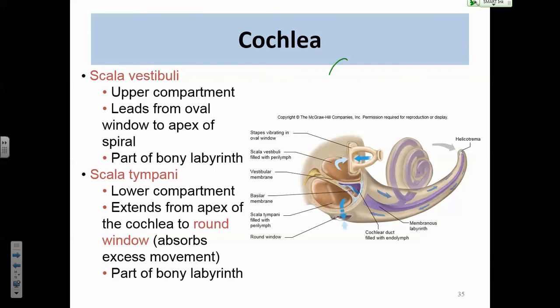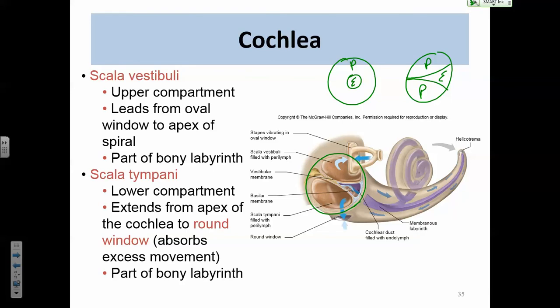Remember, on the semicircular canal you had a tube within a tube, and you had perilymph out there and endolymph in there. On the cross section of the cochlea, it looks like this. And so the inner compartment filled with endolymph is right there. And then perilymph is on either side of it. It's just weird how the membranous part positions itself in the cochlea.